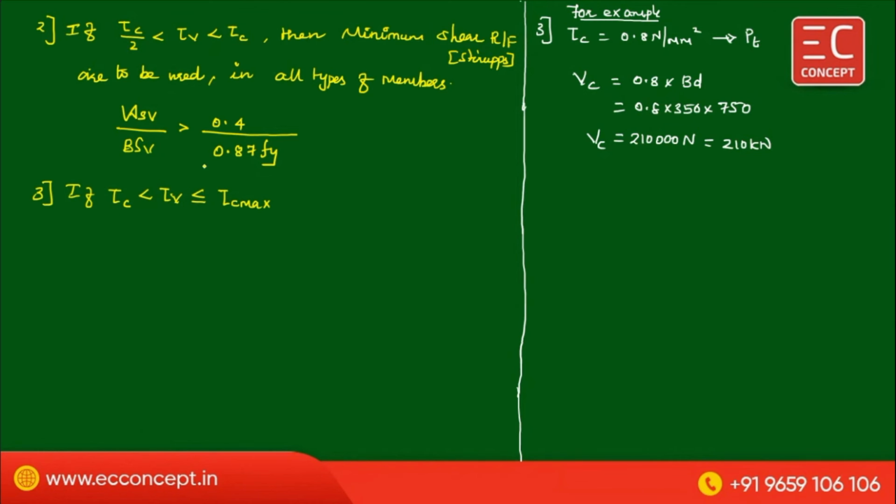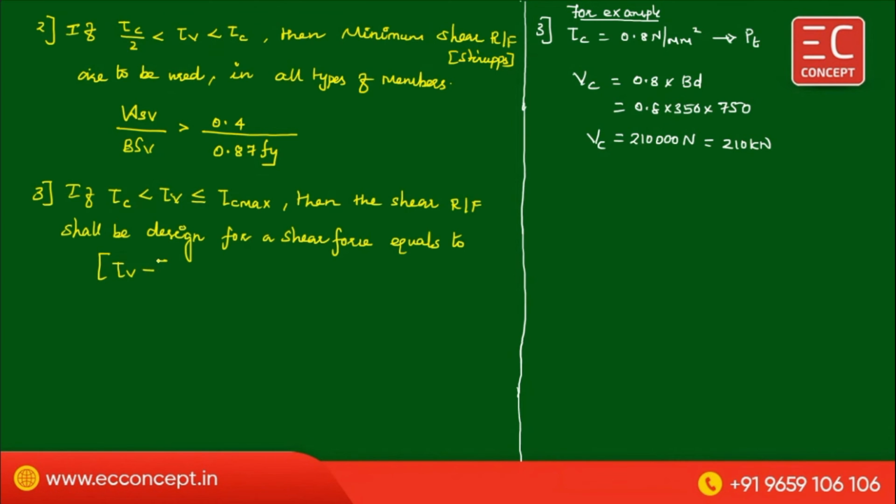So in this case, the shear reinforcement shall be designed for a shear force equal to tau V minus tau C into BD.